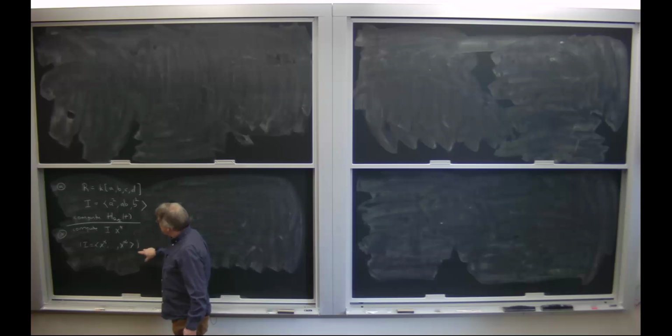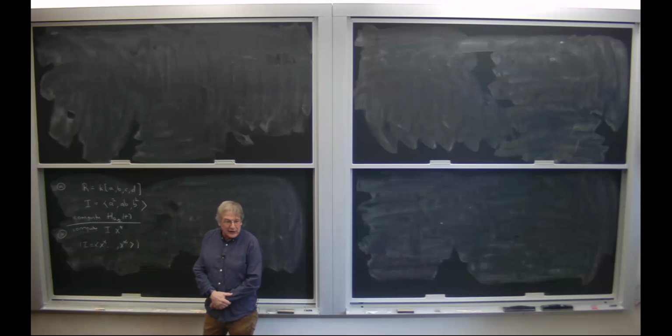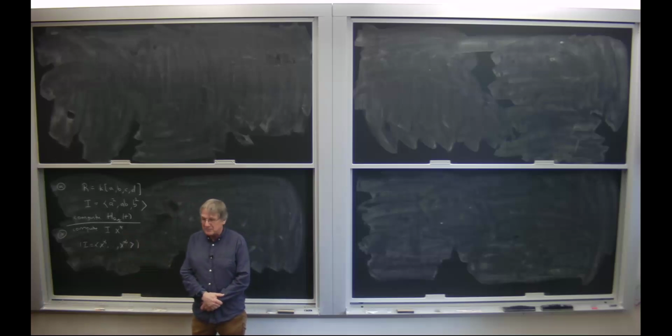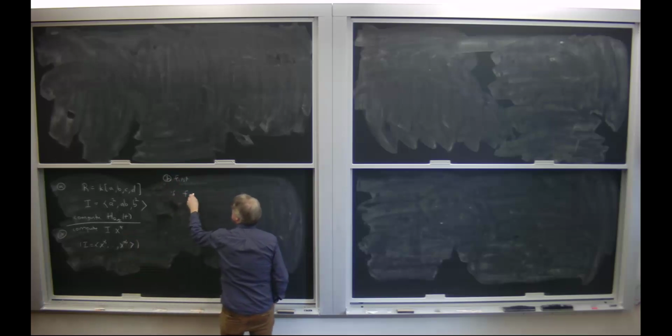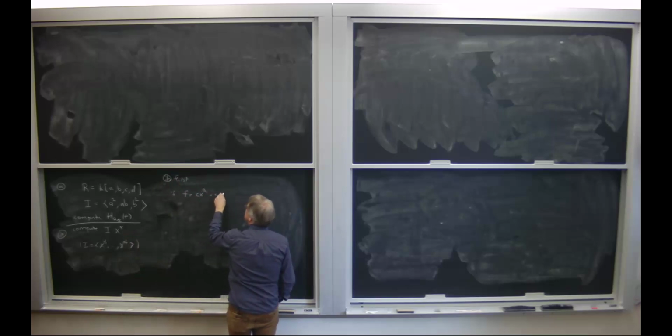So I think probably a good first thing is to figure out when a polynomial is in a monomial ideal. So let's do B first. But first, let's consider, if f is a polynomial, so c1 times x to the beta 1 plus c2 times x to the beta 2 plus and so on up to cm times x to the beta m is in R, where these are field elements.